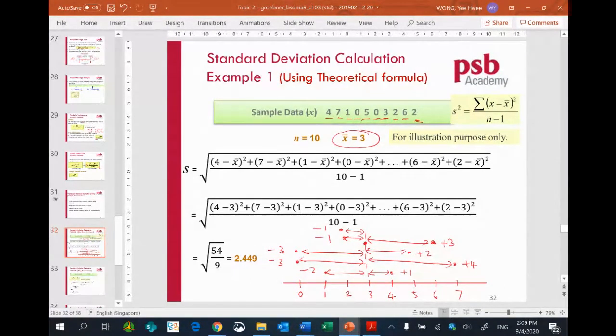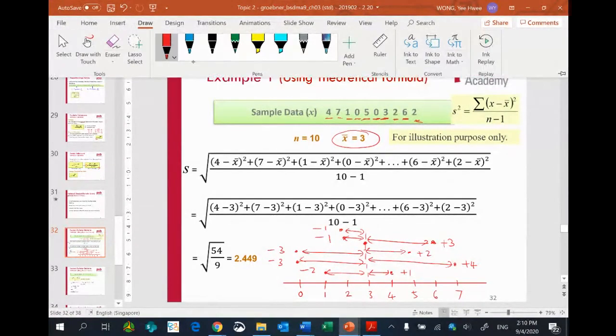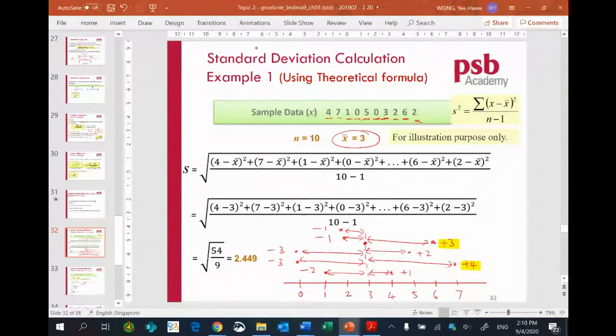Okay, now if you have a calculator or you just use mental calculation, add up all the numbers. How much do you get?